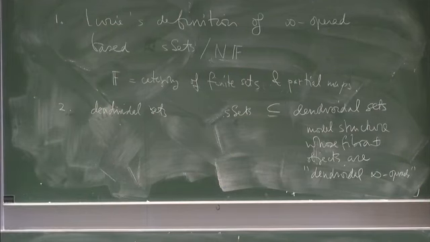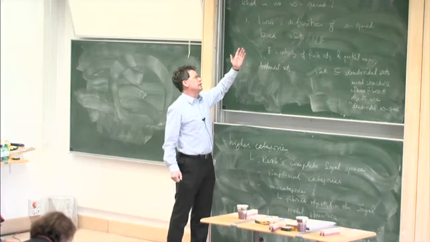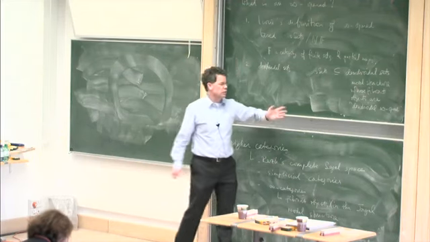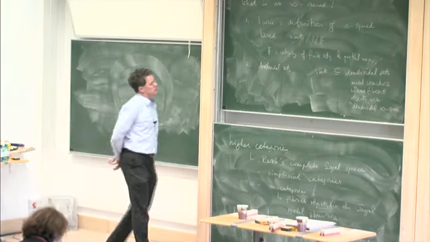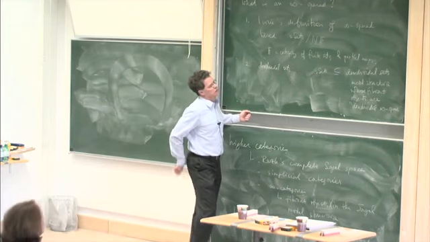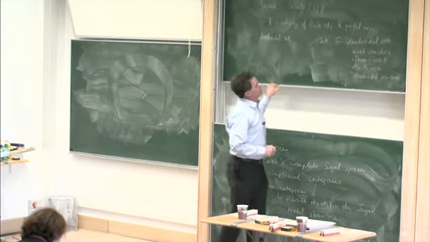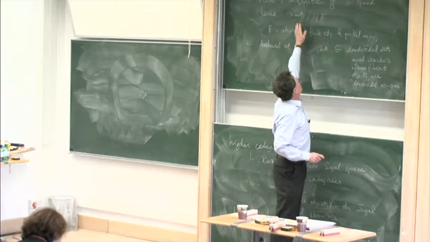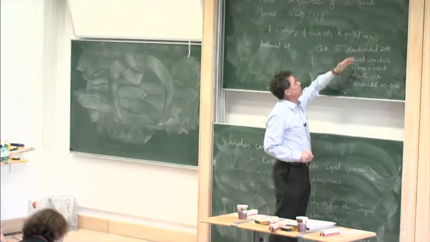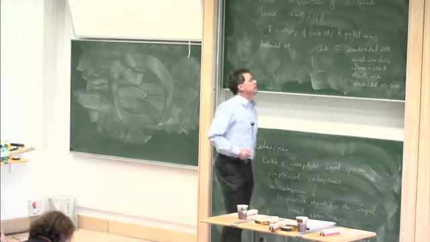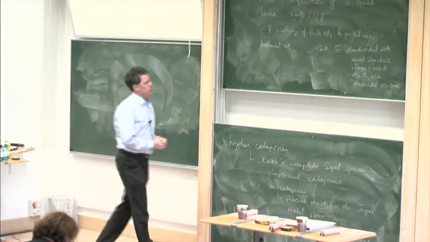So for today, to distinguish the two sides, I will talk about Lurie-style infinity-operads and dendroidal infinity-operads. And they both occur as the fibrant objects in a model category. This is in some sense building on the Joyal model structure, and this is in some sense analogous to the Joyal model structure. So one is sort of an extension in the vertical direction and the other in a horizontal direction, which I hope to make a bit more clear during the talk.